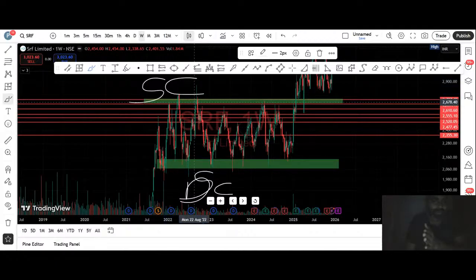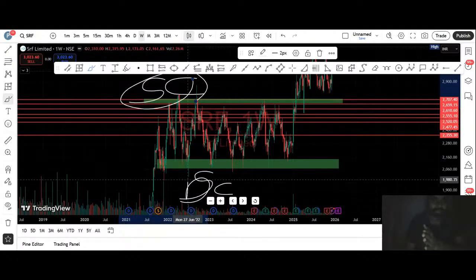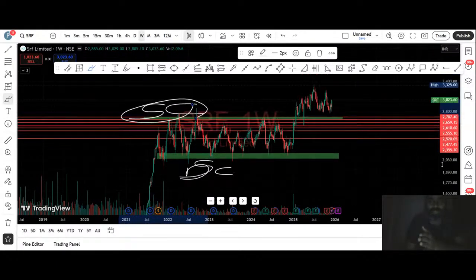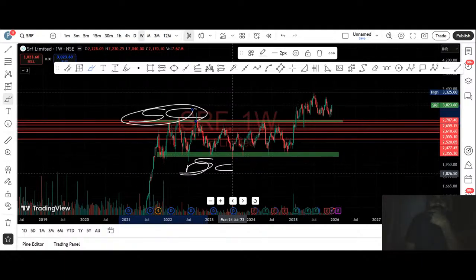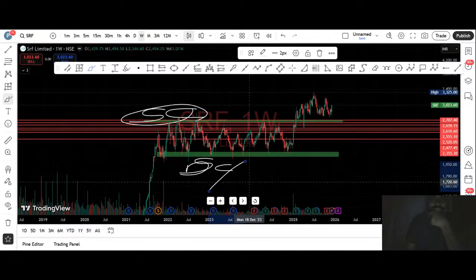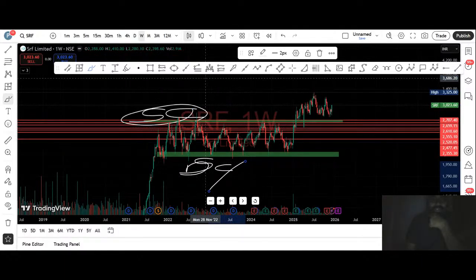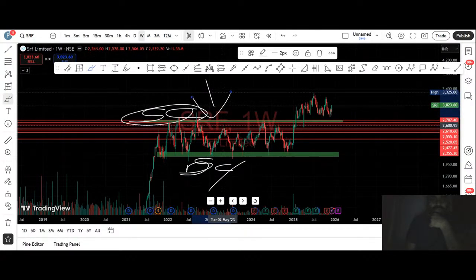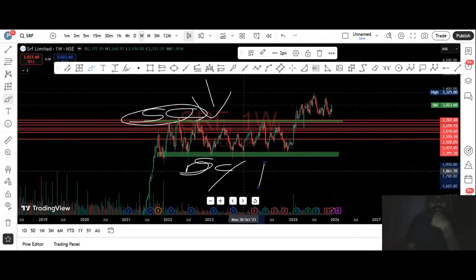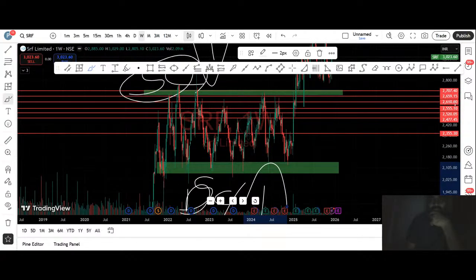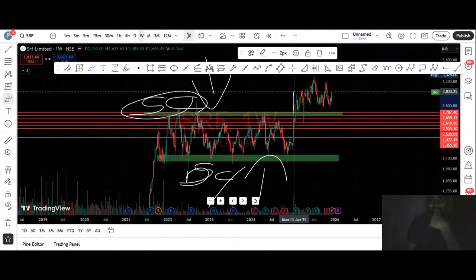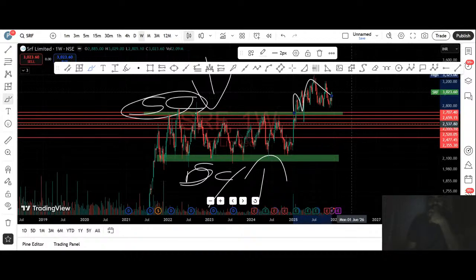So at this point, the same thing is happening. Supply is constant means equal top. Demand is constant means equal bottom. The price is completely sideways. Thereafter, breakout happened at this point, retested, and it is still holding this area.